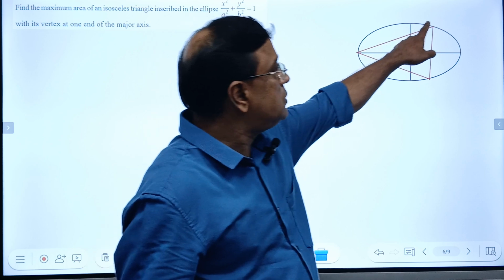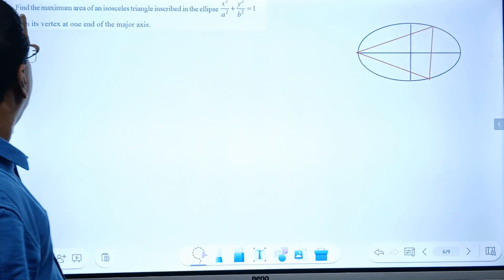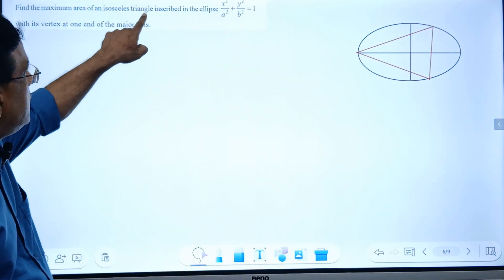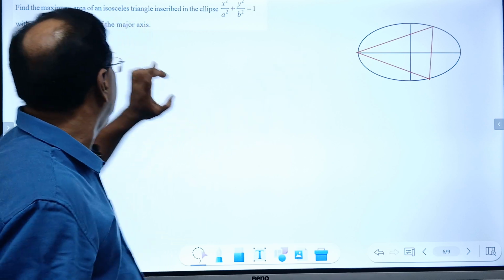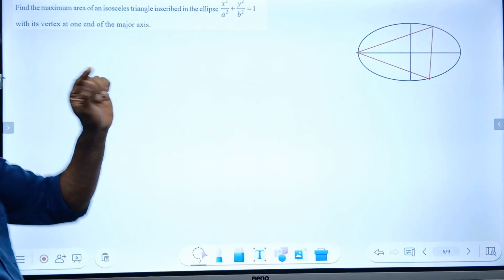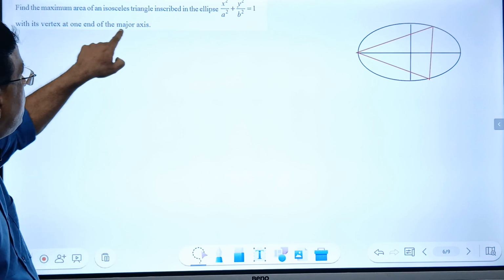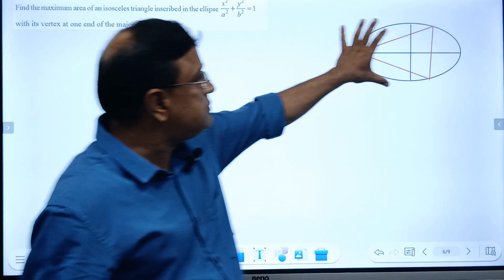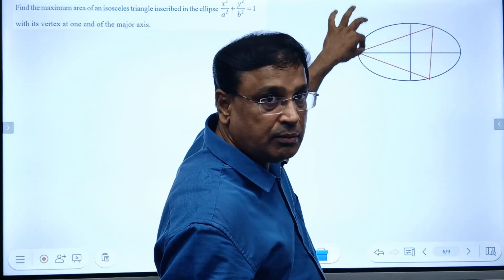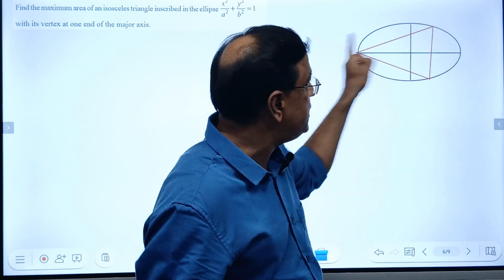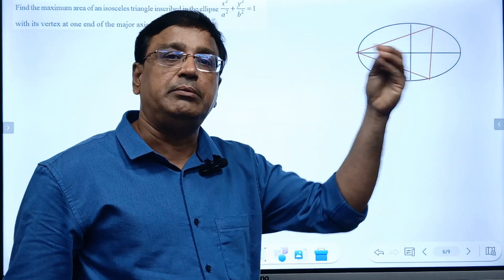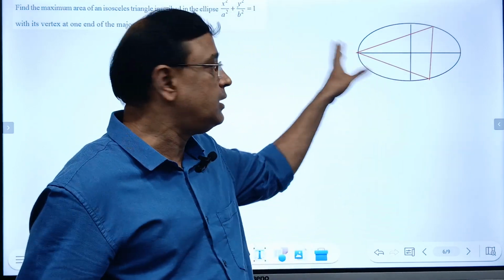This is an isosceles triangle inscribed in an ellipse such that one of its vertices coincides with one end of the major axis. The major axis has two ends, but one vertex and the major axis end will coincide. That is how I have drawn.